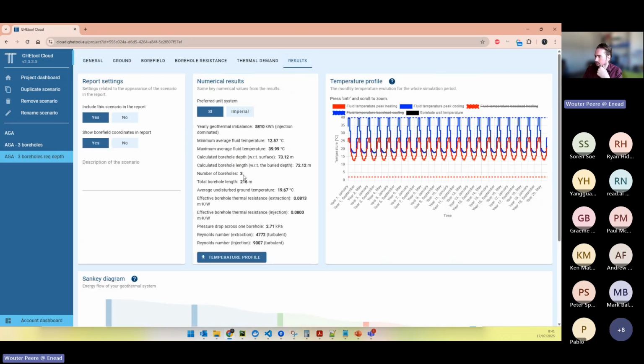And here you see that we need 3 boreholes of 73 meters deep. And then we reach our limits beautifully. So here we have a system which we know will work. And we also have a system that's economically optimized. We have the exact amount of borehole meters to heat and cool our dome.